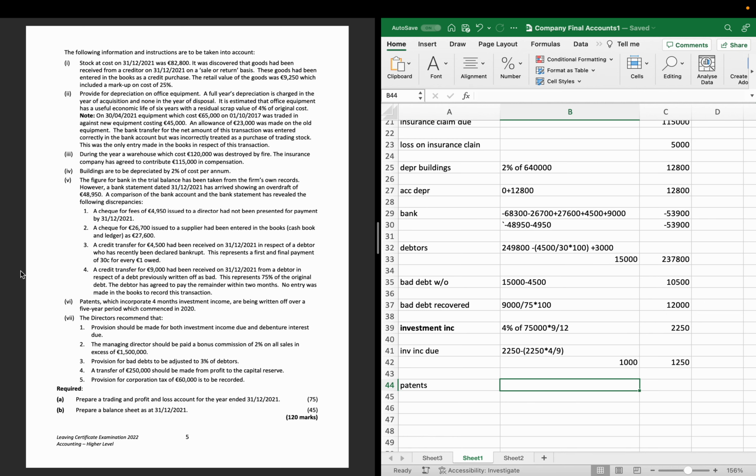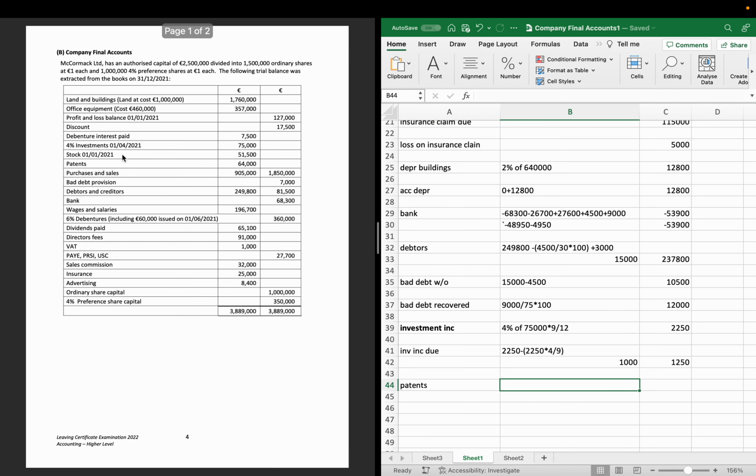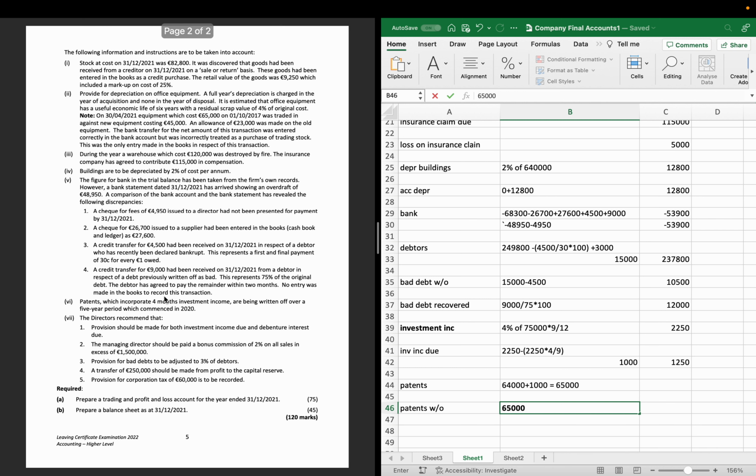Now, that 1,000 has been incorporated in patents, so it's on the wrong side of patents. So to get rid of it, you actually have to add it back on. So patent starts off at 64, so it goes up to 65. And then they're being written off over a 5-year period, which commenced in 2020.